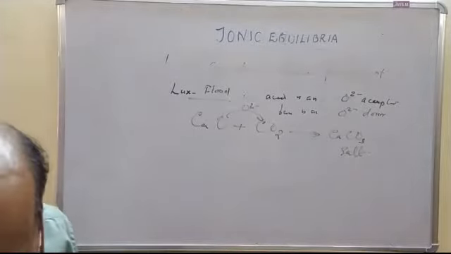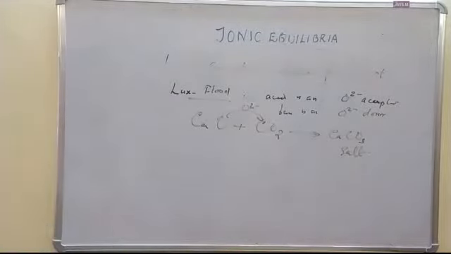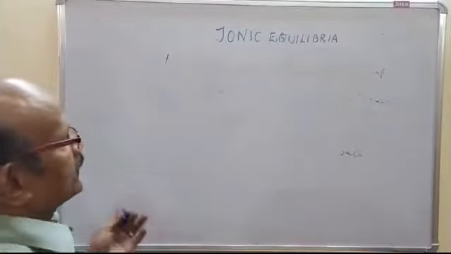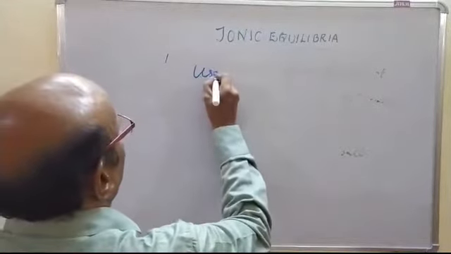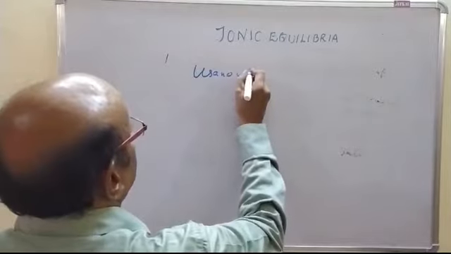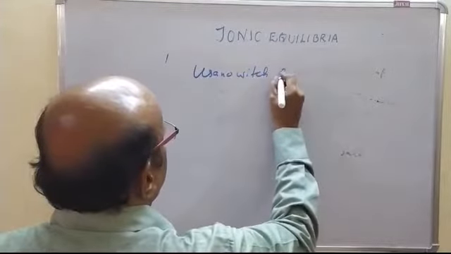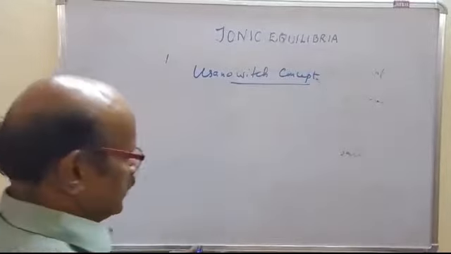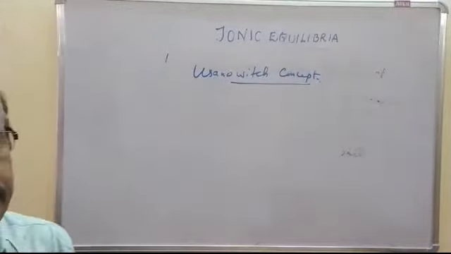The last is the ionic concept. This is the most general theory. Actually, it is a combination of various theories. The ionic concept is considered a universal theory.